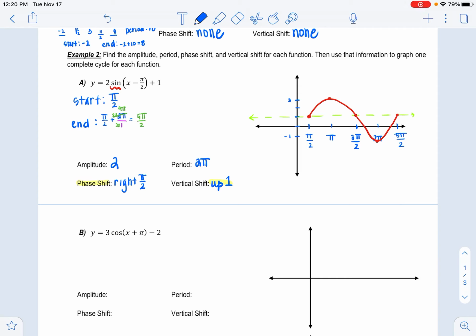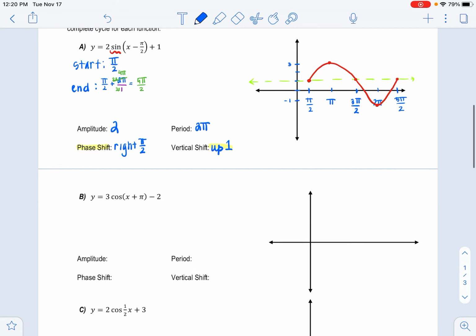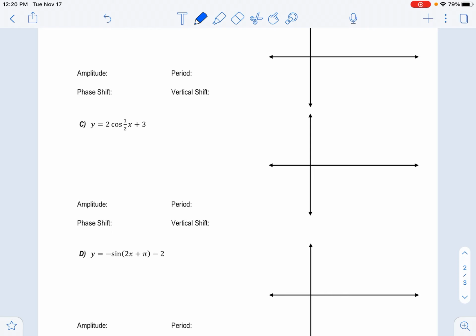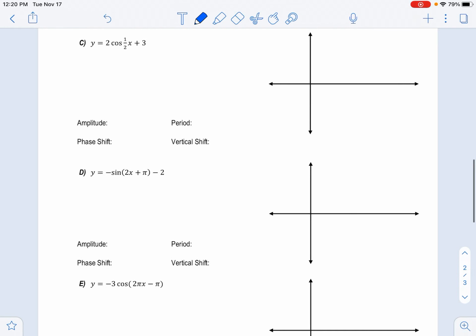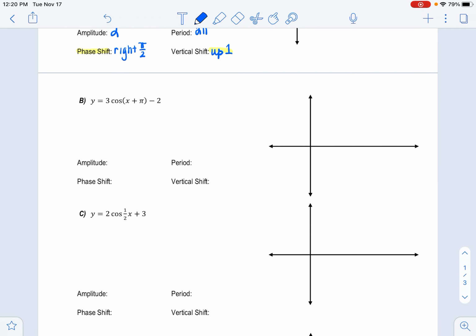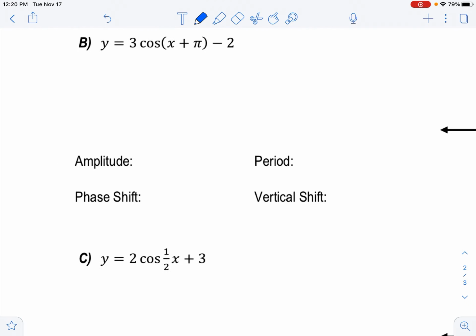So we have a sine function with the b value of 1, a cosine function with the b value 1, a cosine function with a b value of 1/2, a sine function with the b value of 2, a cosine function with the b value of 2 pi, but also notice that these last 2 are both reflected because they're both negative in front. So I'm giving you everything that you could possibly see, basically.